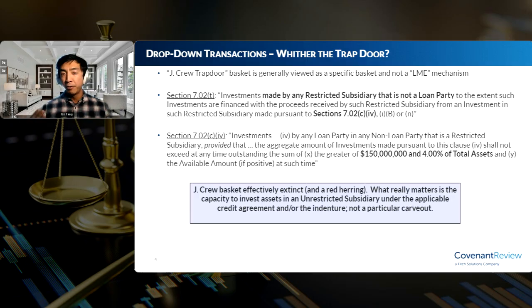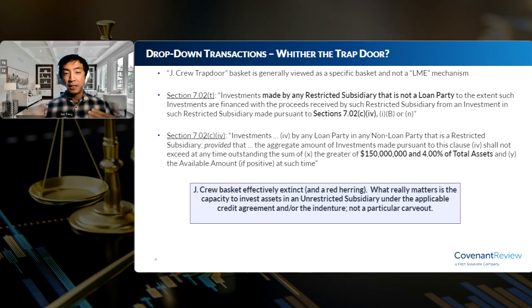And J.Crew showed us that no, sponsors and borrowers will utilize language in their documents, even if it doesn't make any logical sense, so long as there is a reasonable interpretation of the text to back that transaction. They will take advantage of loopholes. They will take advantage of those nits in their document in a way that will be detrimental to the lenders.